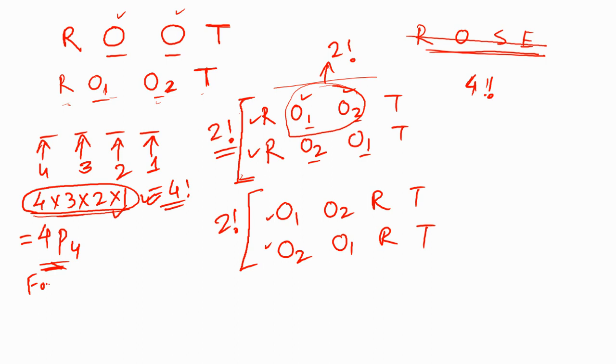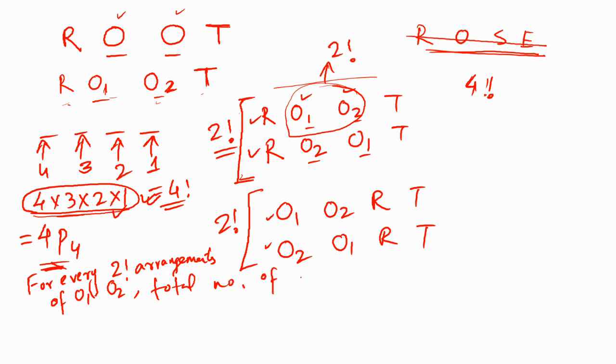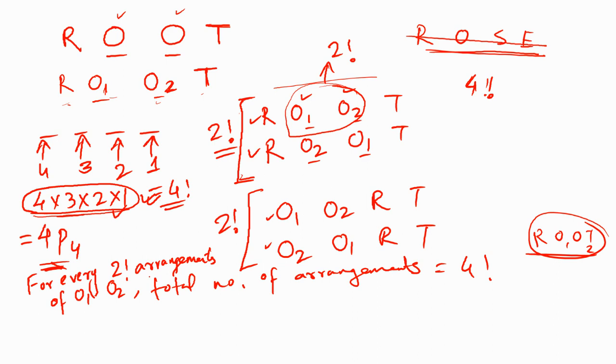Okay, for every 2 factorial arrangements of O1, O2, the total number of arrangements is 4 factorial, right? That is the total for the letters R, O1, O2, T. Now let's say we don't need 2 factorial such cases.